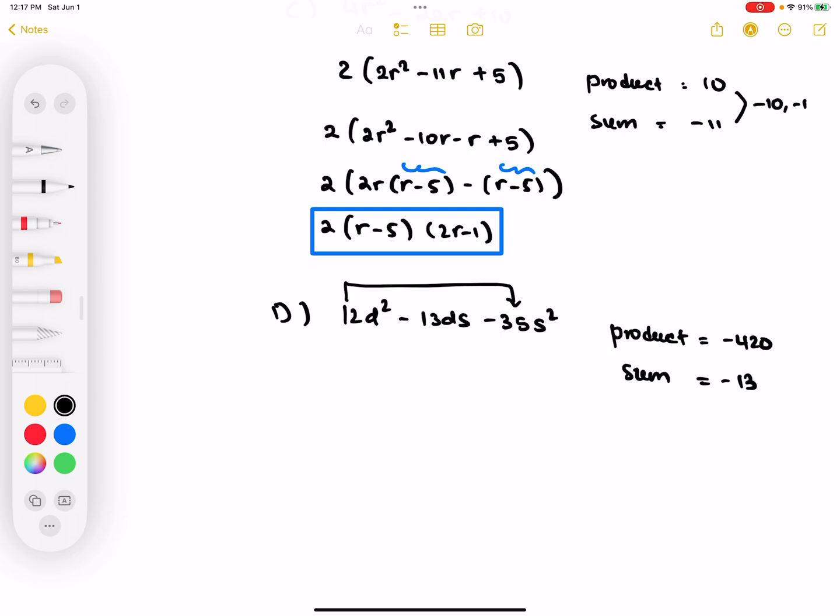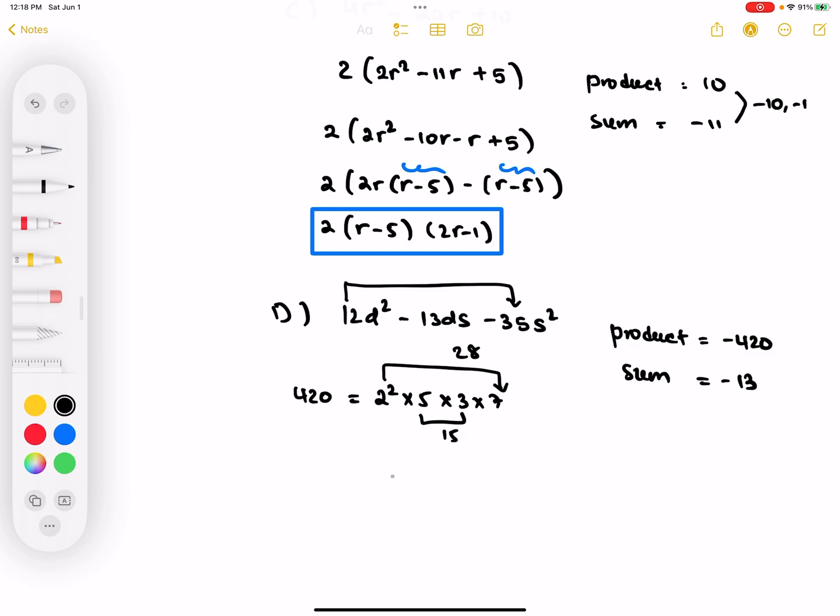In order to get these numbers, you can write 420 in terms of prime factorization. That is 2 squared times 5 times 3 times 7. So when you see this combination, there is 28 and the remaining is 15.